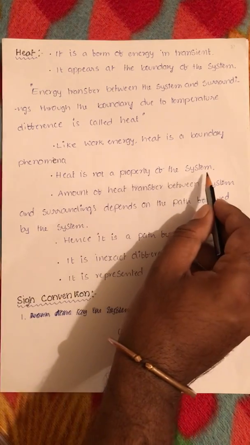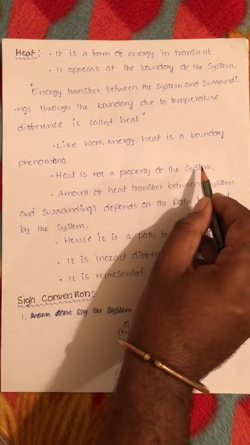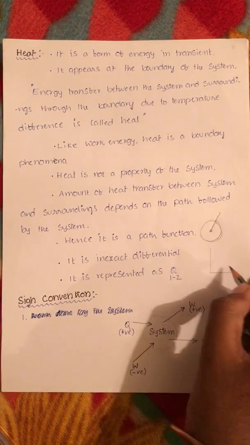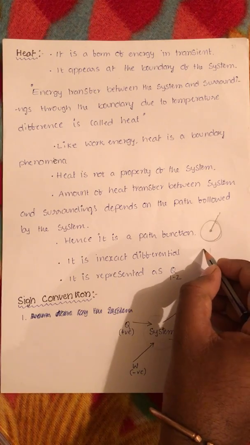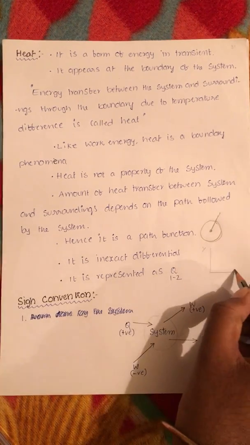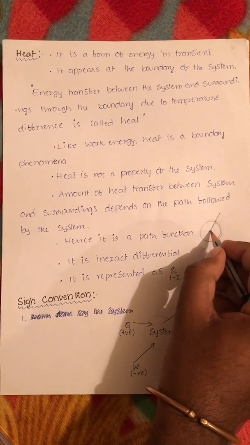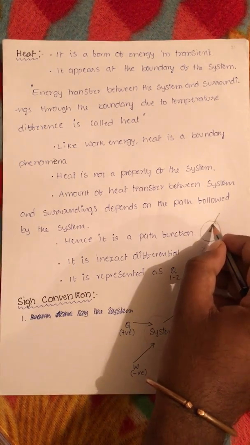Heat is not a property of the system. We will discuss this point later. It is not a property of the system because it does not depend on end points. For example, if I draw a thermodynamic process on xy coordinates, heat is transferring from this point, the high temperature body, that is the system, to the surrounding.